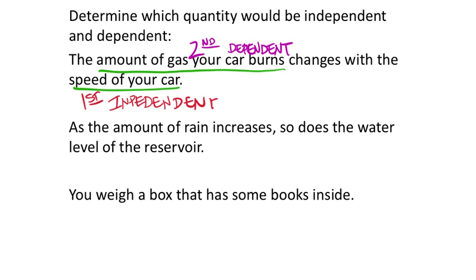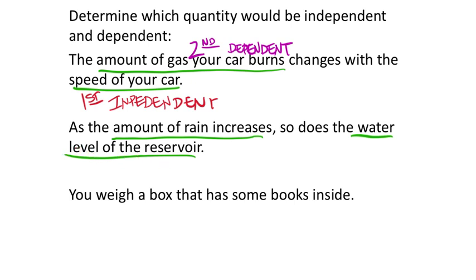So this first one, we got two things that we're going to compare, right? We got the amount of rain, and then we got the water level of the reservoir. So again, you should think which one happens first, which one happens second. On this one, the amount of rain happens, and as the rain falls, it will definitely change the water level of the reservoir.